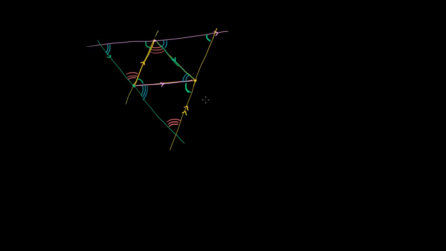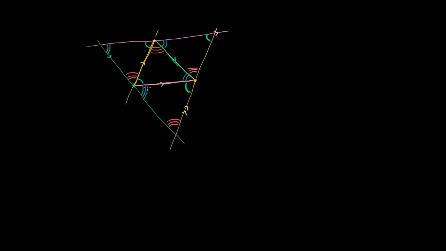And then the last thing we need to think about is, if we think about the two green parallel lines, and you view this yellow line as a transversal, then this corresponding angle in orange is right over here. This corresponds to that angle because this yellow line is a transversal on both of these green lines.